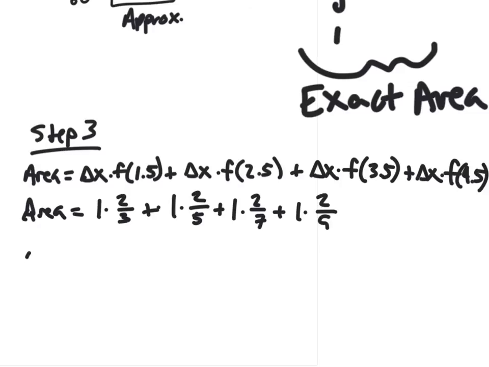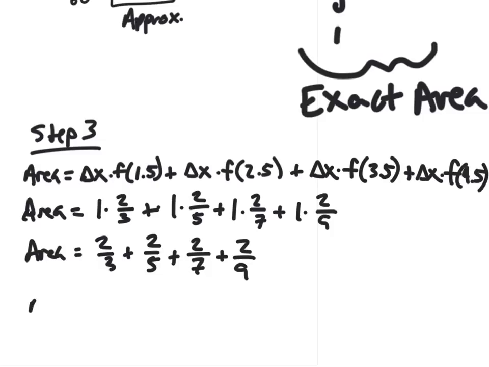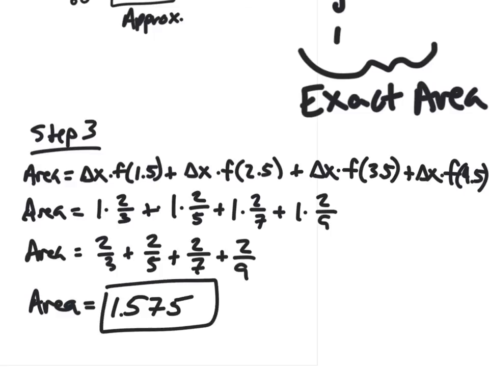If I add all those up, we just get 2/3 plus 2/5 plus 2/7 plus 2/9. And I'm going to just plug that into my calculator. And so we end up getting, for an area, approximately 1.575 if we round to 3 decimal places. Okay, and this is an approximation.